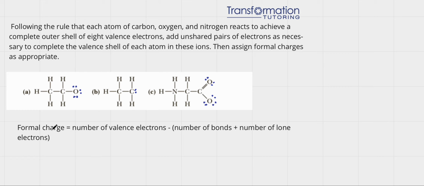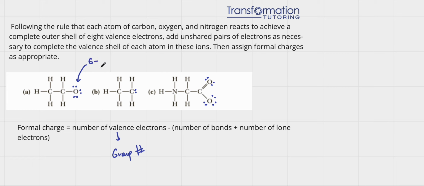Now let's go ahead and look at this oxygen. How many valence electrons does an oxygen have? The number of valence electrons will be equal to the group number on the periodic table. If you take a look at the oxygen on the periodic table, it will be in group 6. So it has 6 valence electrons.